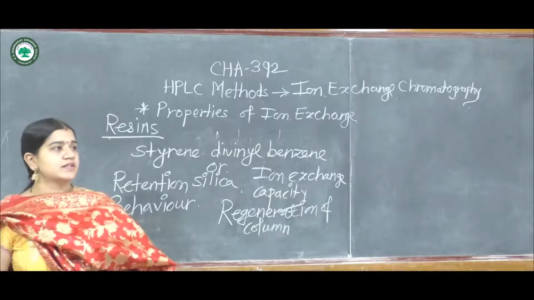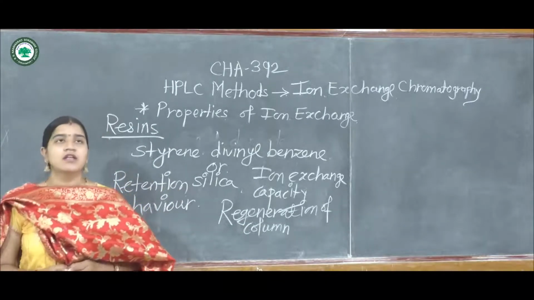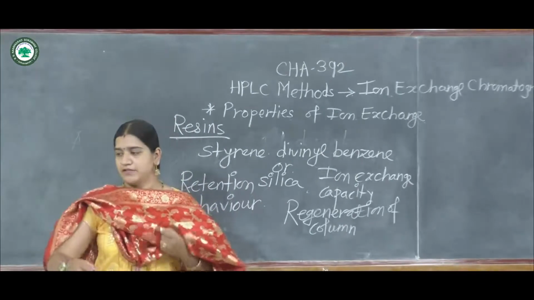Now if you consider the cation exchanger or the anion exchanger, we will see one graph related to the exchange capacity.